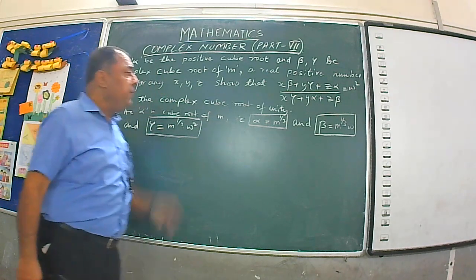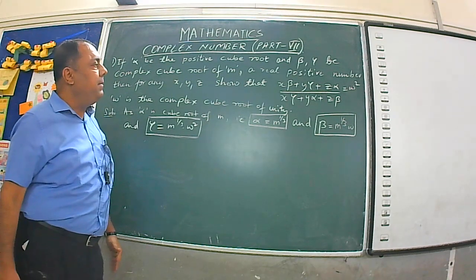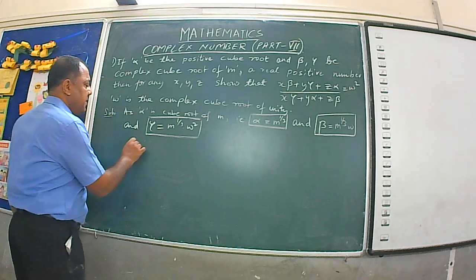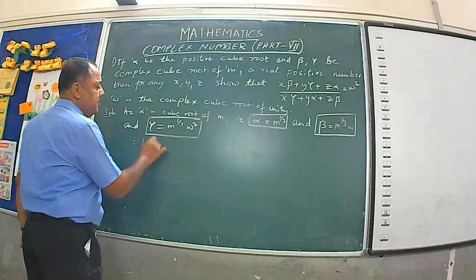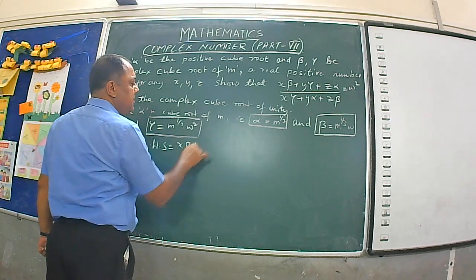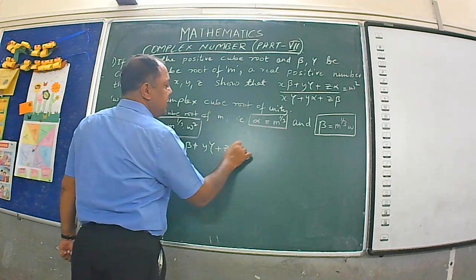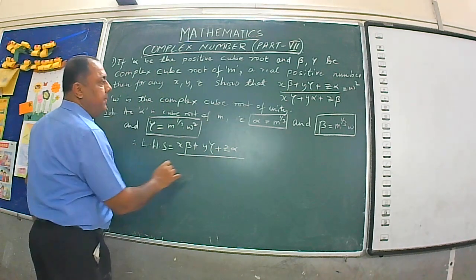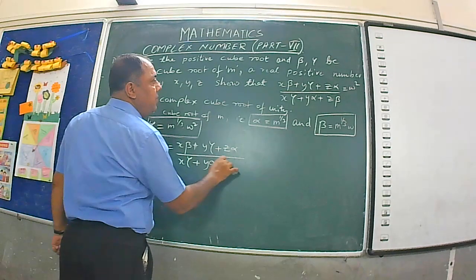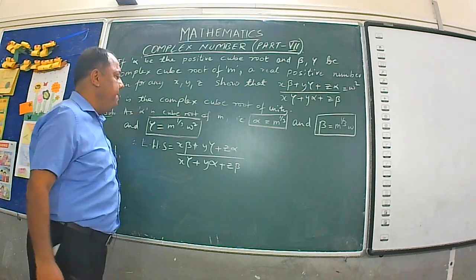Now, with these values of alpha, beta and gamma, I would substitute in the left hand side. Therefore, left hand side is equal to (x beta plus y gamma plus z alpha) by (x gamma plus y alpha plus z beta).